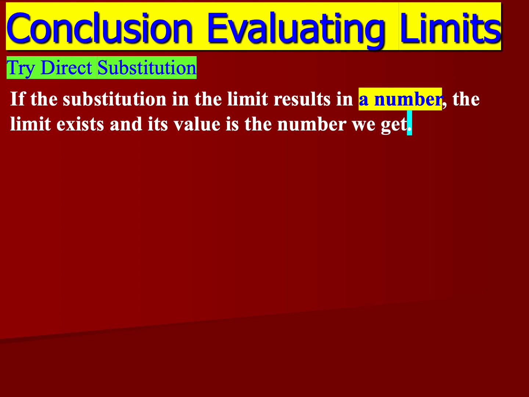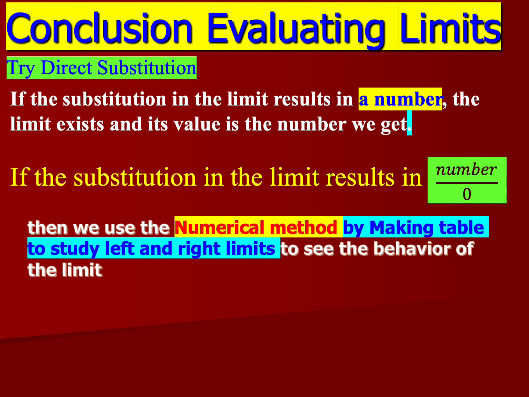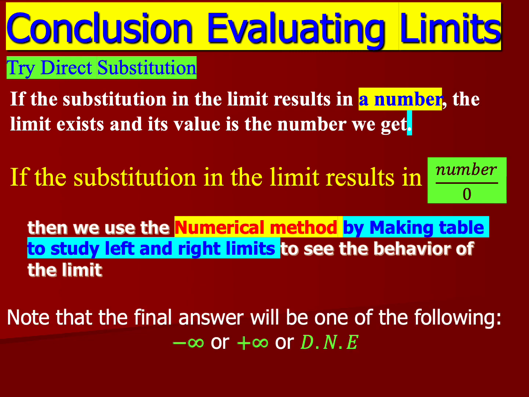Now in some cases the substitution in the limit gives me a number over 0. In this case we don't use manipulating, we use a numerical method, which is making a table and seeing the behavior of the limit from left and right. Usually I get either infinity, minus infinity, or does not exist, we don't get a number.